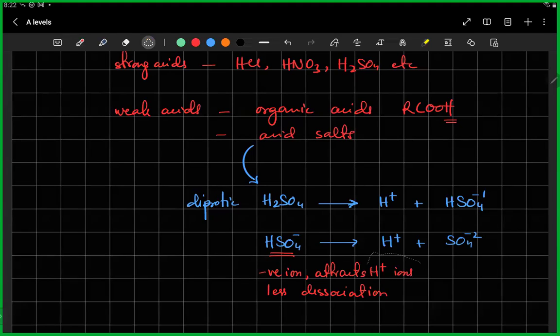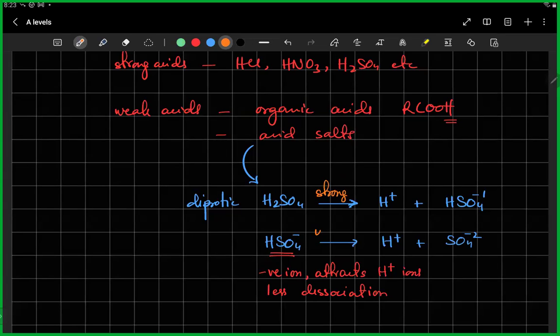ये clear है? Yes, sir, it's clear. तो होता ही है कि when you have a diprotic acid like sulfuric acid, although it's considered a strong acid, but it's only a strong acid when it comes to the first dissociation.